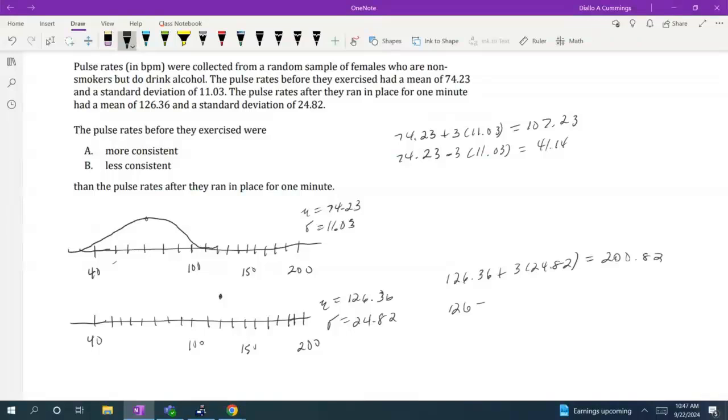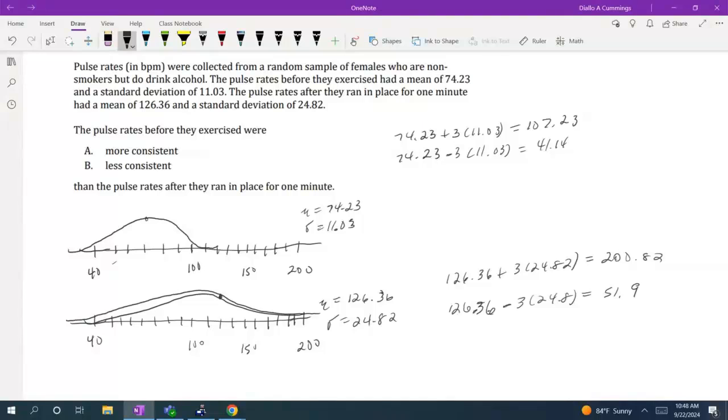And if we go 3 standard deviations below the mean, we get 51.9. So I'm going to sketch that out. Our mean is about 126.36. 3 standard deviations above the mean is about 200. 3 standard deviations below is about 50. So our curve looks something like this.